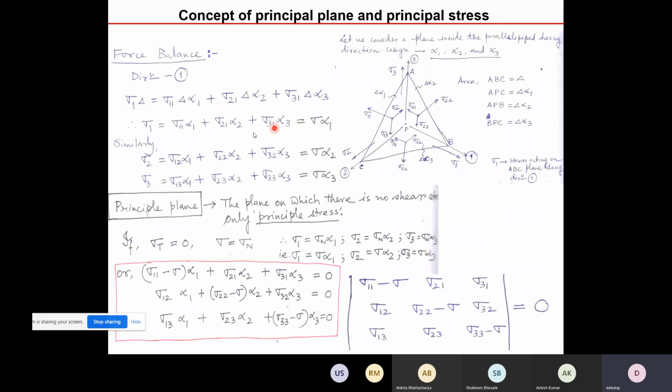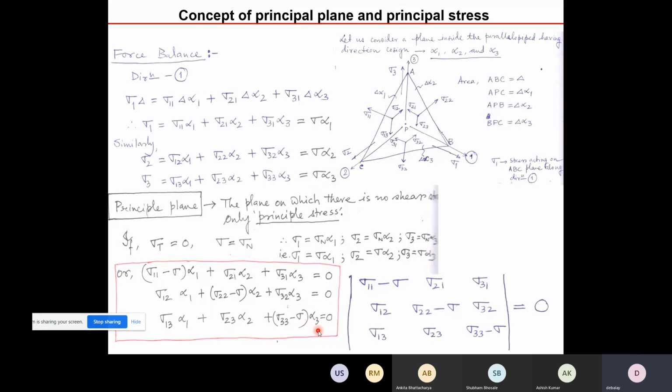So straight away I can write sigma 1 as sigma alpha 1, because sigma equals sigma n, the normal stress. Similarly, sigma 2 I can write as sigma alpha 2, and sigma 3 as sigma alpha 3. Taking it to the other side, you can find the 3 expressions are now set for principal planes.